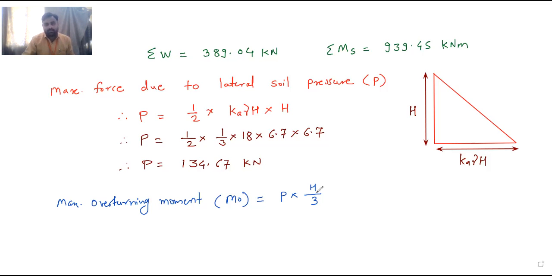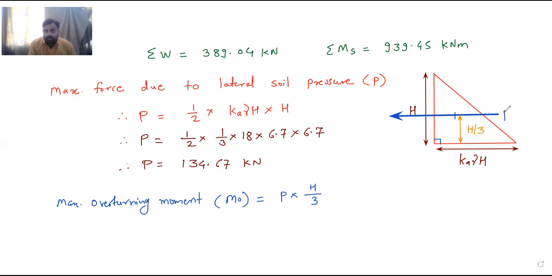Where is the CG of this right angle triangle situated? You know the things. This distance from the base will be H by 3. So this will be P into H by 3.